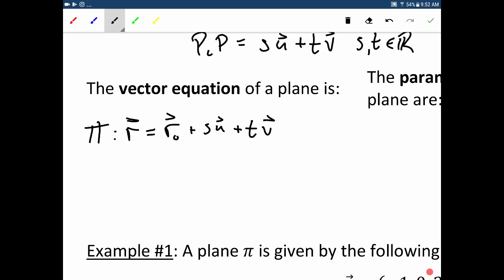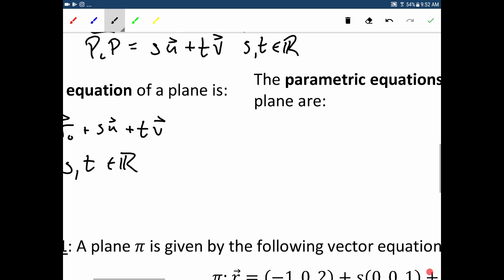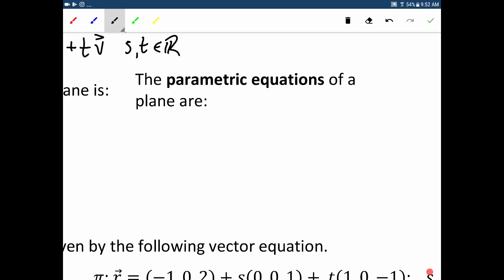You'll notice it's exactly the same as the equation of a line, except that this time we have a second direction vector. To do a parametric equation, again, it's exactly the same. We've still got x, we've still got y, we've still got z.